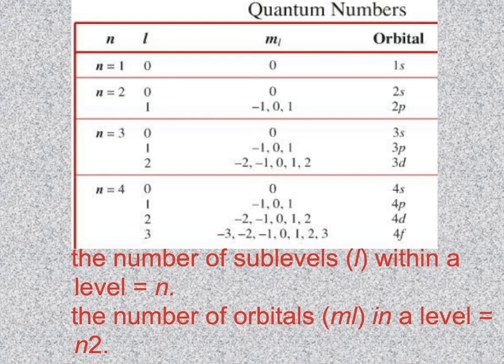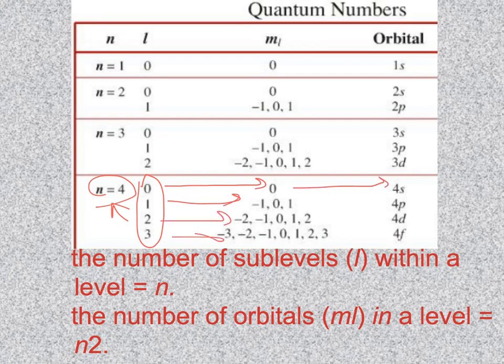Basically, this shows the n value, the values that L can have if n equals 4, the values that m sub L can have for every L value, and then the orbital designation for those quantum numbers. I would turn off the video and make sure you can interpret this, because this is kind of the ultimate goal of everything I've talked about so far.